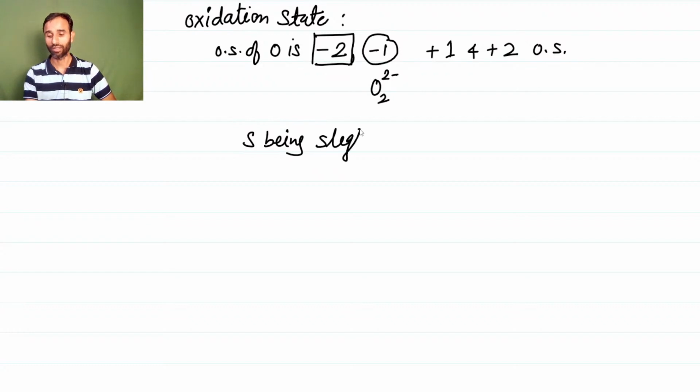But as we go down the group, oxygen is the most electronegative among these elements.